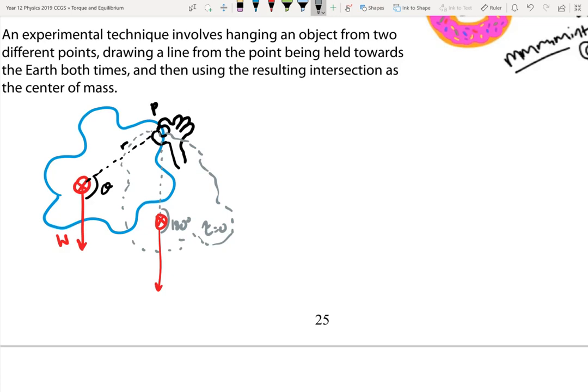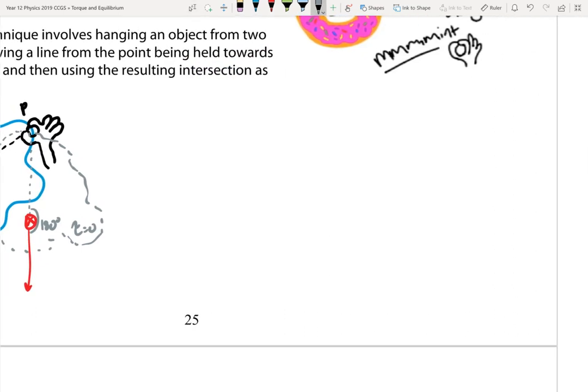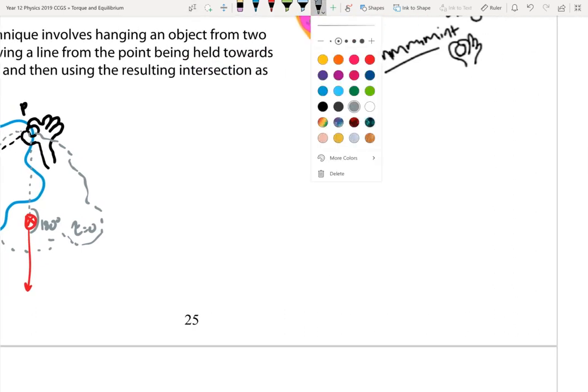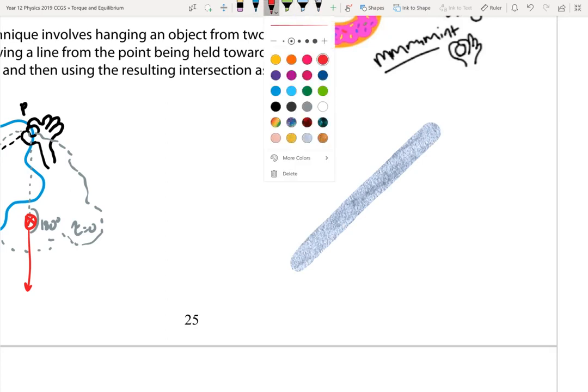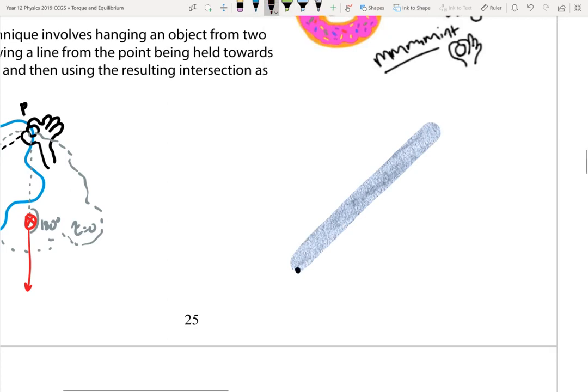Now, let's take everything that we have learnt so far this lesson and draw a steel beam of uniform density. I'm going to now give you some values. Let's say that it's going to pivot about the contact point at an angle of 40 degrees to the horizontal.